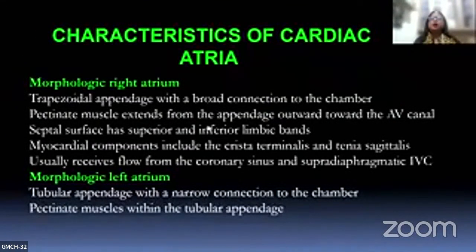So how do we first of all decide between a morphological right atrium or a left atrium? In a morphological right atrium, there is a trapezoidal appendage, which is broad in connection to the chamber. There are pectinate muscles which extend from the appendage towards the atrioventricular canal.